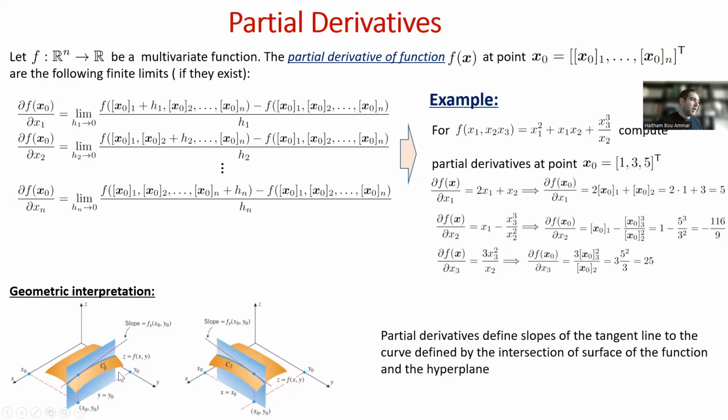So in other words, the partial derivatives are nothing but the slopes of the tangent lines to the restrictions of the original function with respect to the components at which you want to compute the partial derivative, and the partial derivative will be nothing but the slope of the tangent line to these restriction functions.